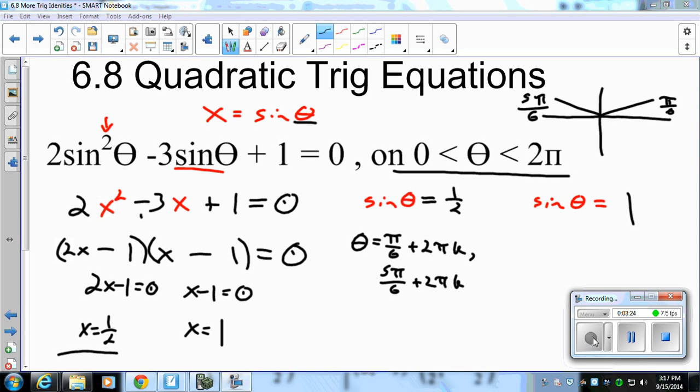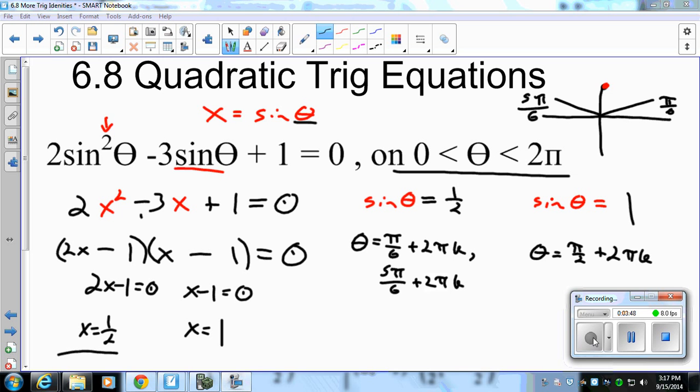And now I'm actually going to have a third solution here. Sine of theta is equal to 1. Well, that's equal to 1 here. So theta can be equal to pi over 2, and then every revolution after that.